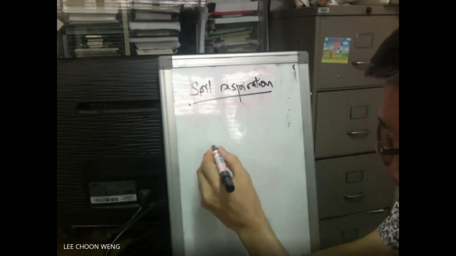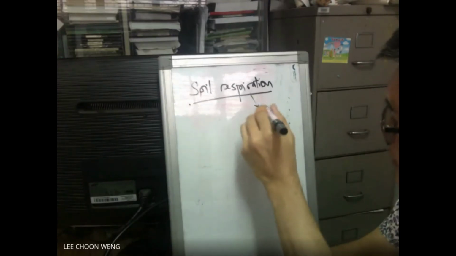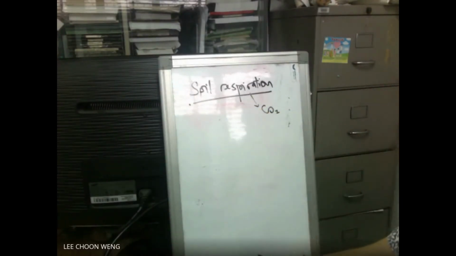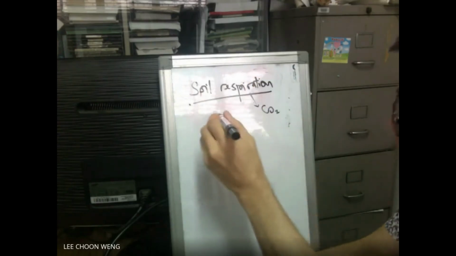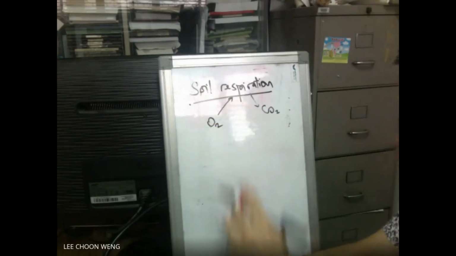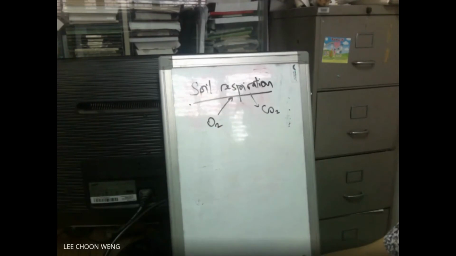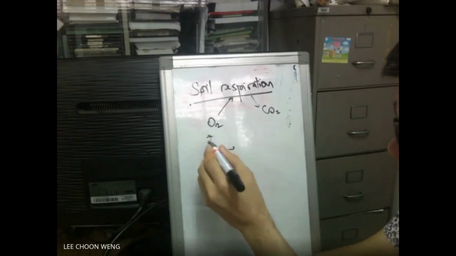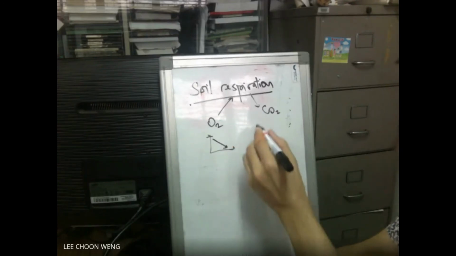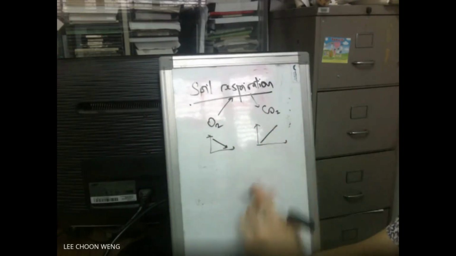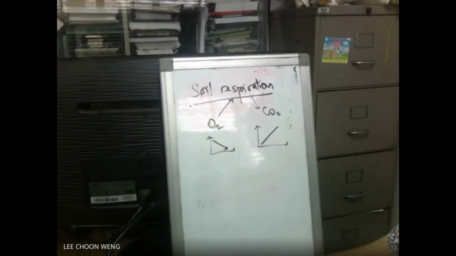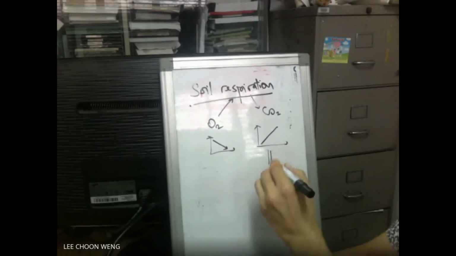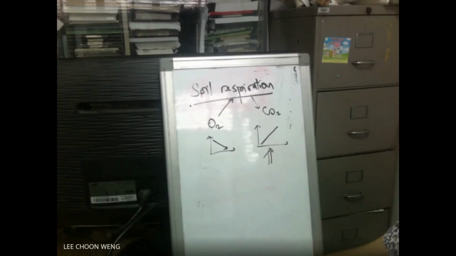The respiration process is where CO2 is released and oxygen is consumed. That's essentially what respiration is. There are two ways you can measure respiration: one is by looking at dissolved oxygen decrease, and the other is looking at CO2 release. For this experiment, we'll be looking at the amount of CO2 that's released.